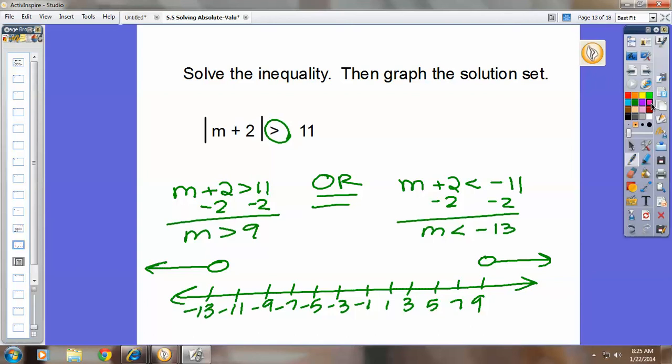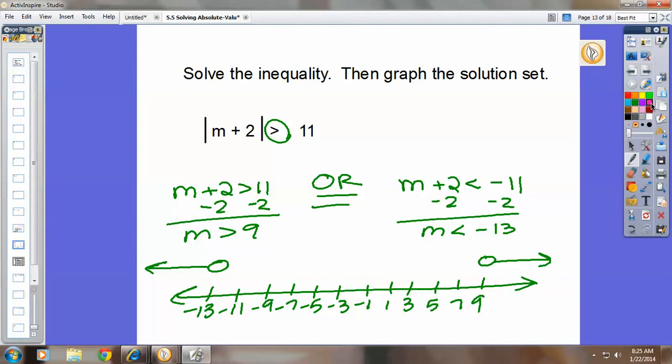So our possible solutions could be less than negative 13, or they could be greater than 9. Any of those sets of numbers will satisfy this inequality. Is there any way to combine these graphs or rewrite the graphs together? There's not. The only thing we need to do is give our compound inequality.